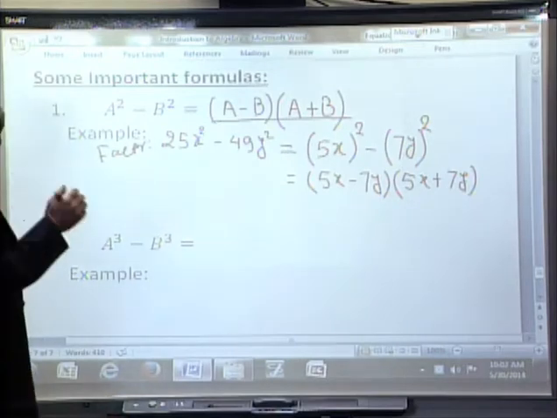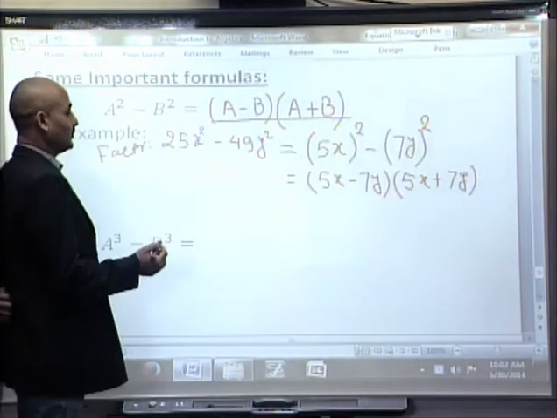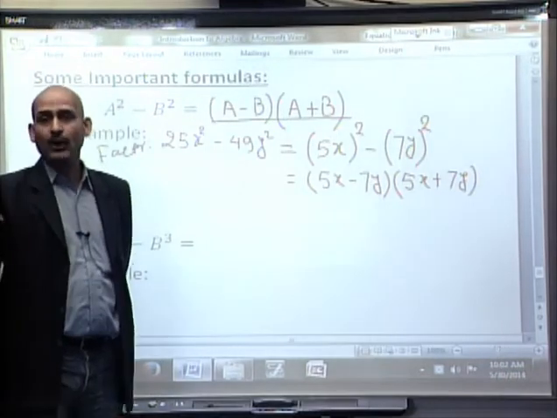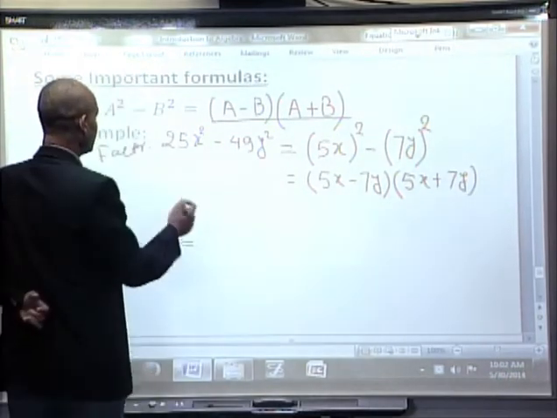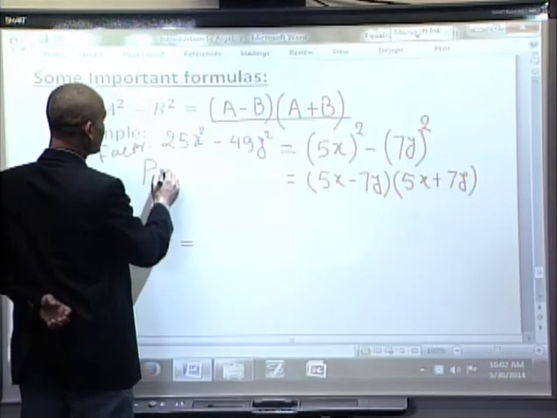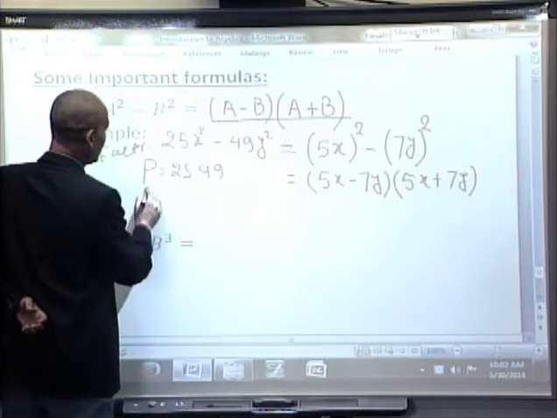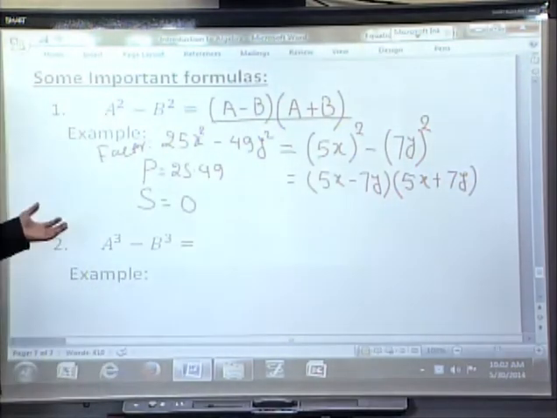By the way, you can use the process of factoring trinomials to factor this. What you have to do is take the product equal to 25 times negative 49, because here is negative 49, and the sum is 0. There is nothing in the middle, so the sum is 0.